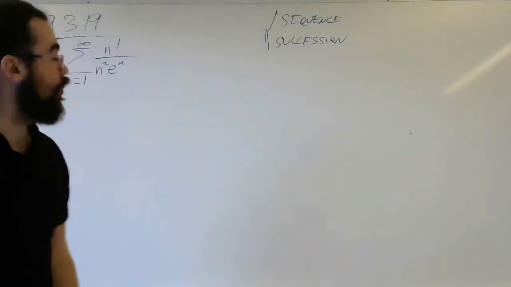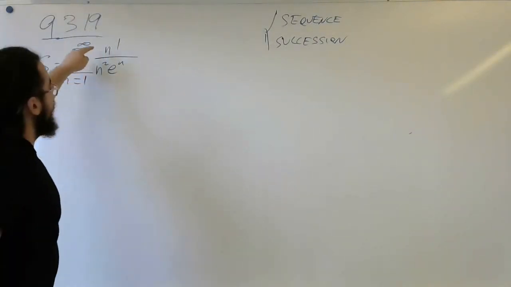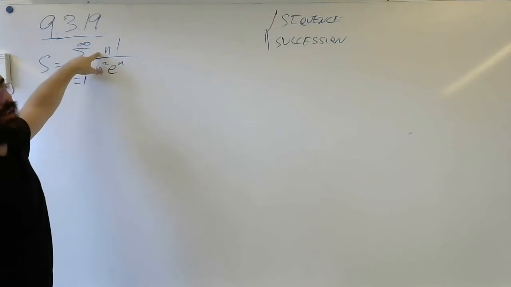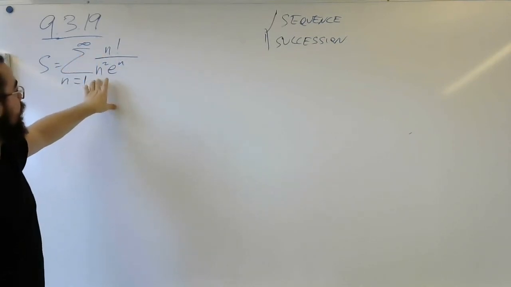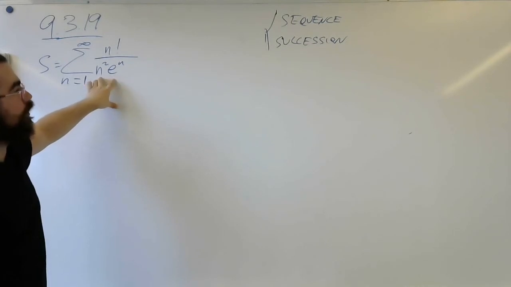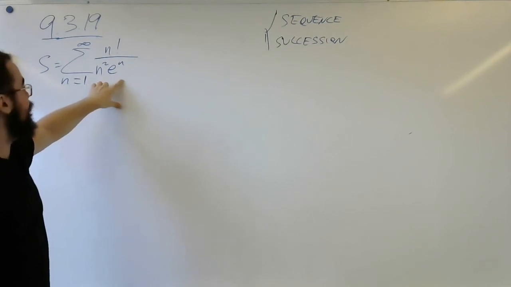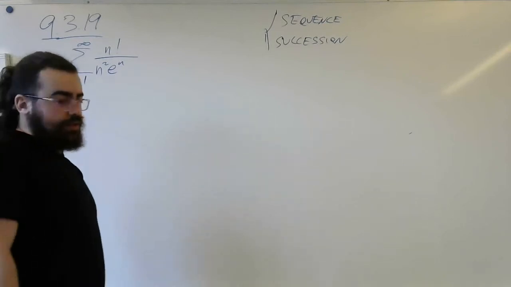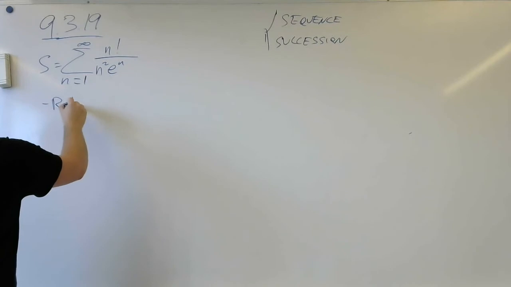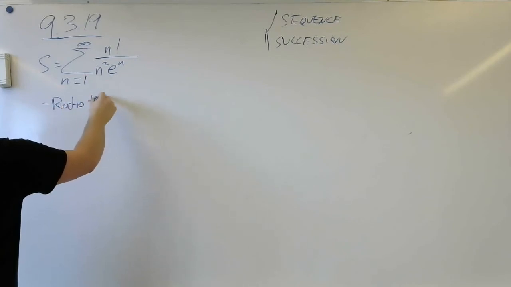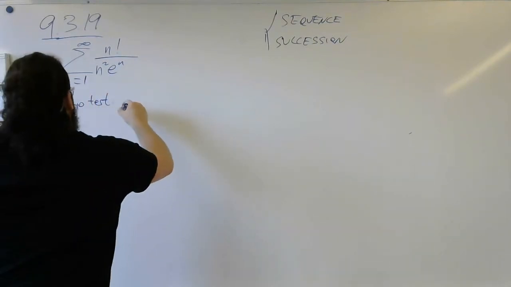Right. Now, what do we do with that one? Here we have a factorial that grows super fast. And here we have n squared, which doesn't grow too fast, but in power n does. So first thing I'm going to try and do is a ratio test. Let's see what happens.